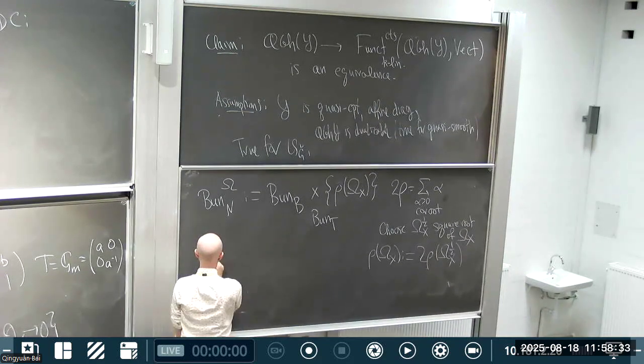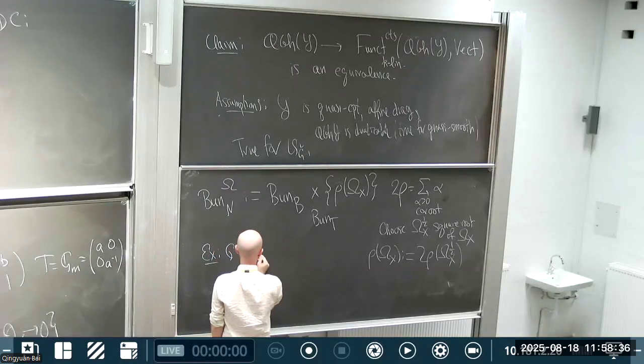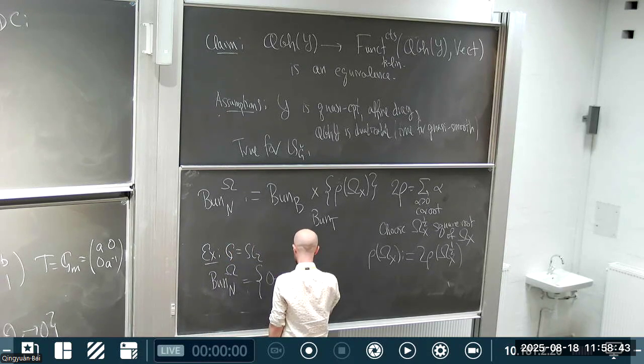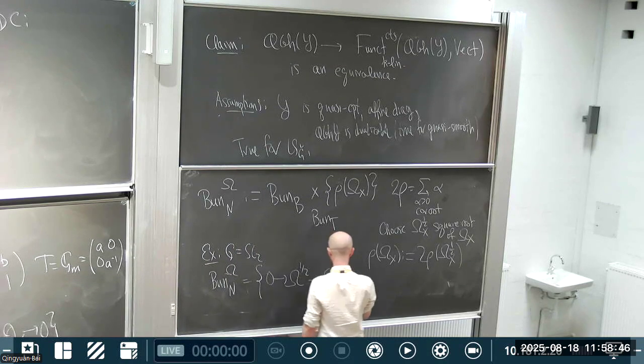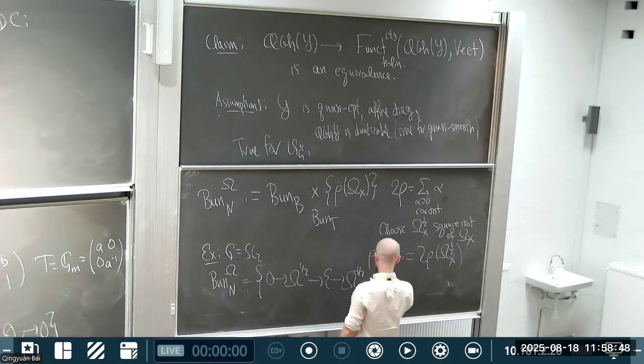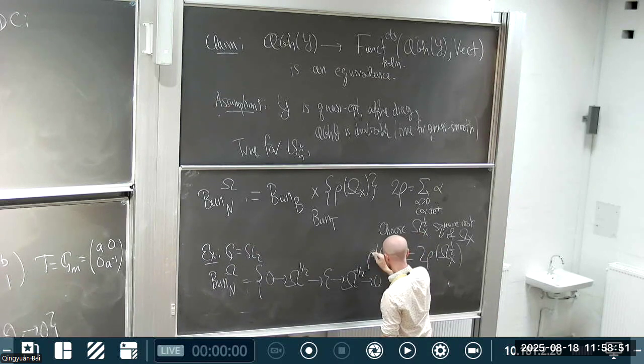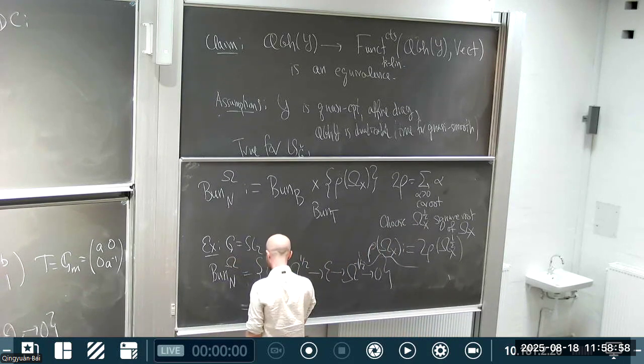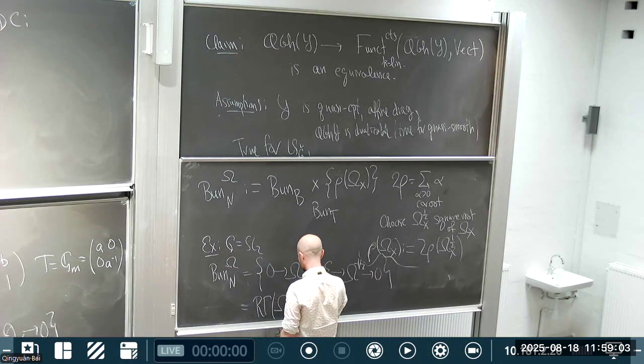So to get a feeling, for G equals SL2, this Bun N omega is going to be the moduli space of extensions of the following form. Really dangerous territory here. You can think of it as something like R Gamma of omega X, thought of as a stack with a shift by 1.